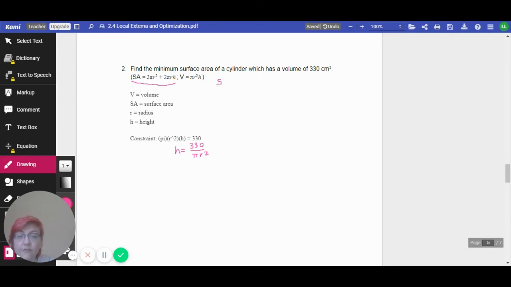So surface area now equals 2 pi r squared plus 2 pi r times, instead of h, we substitute in 330 over pi r squared.